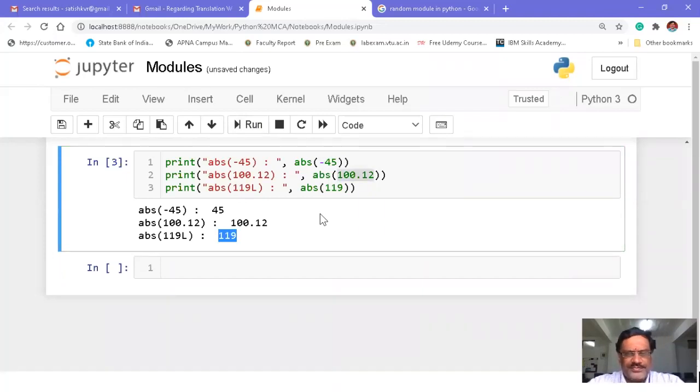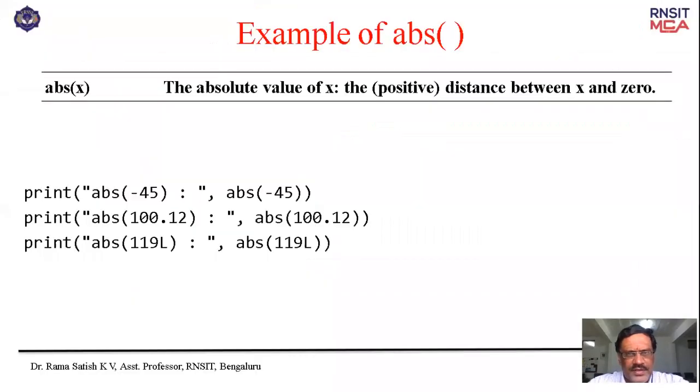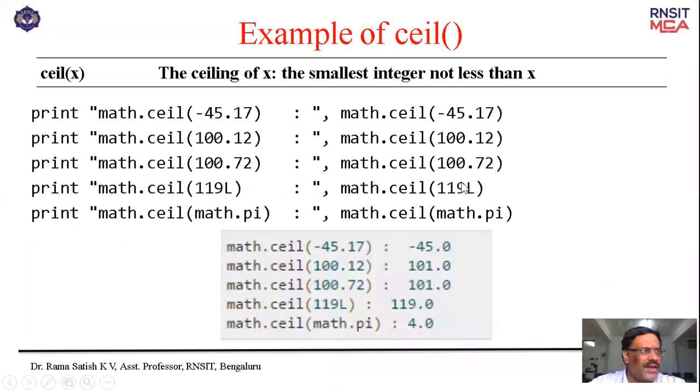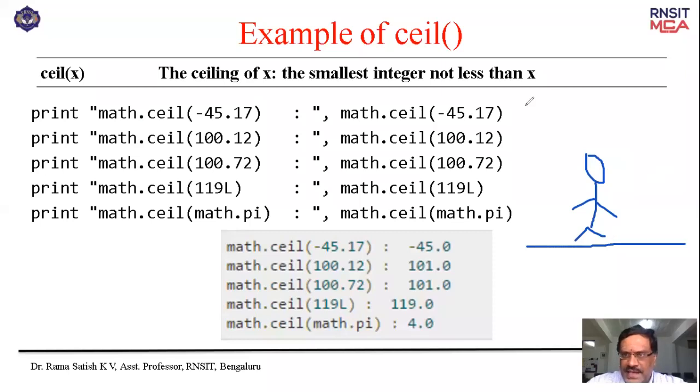So that's about the absolute function. Next, we have the ceil function. Ceil, I think you know very well. In your house, you are standing on a floor, and on the top you have a ceiling.